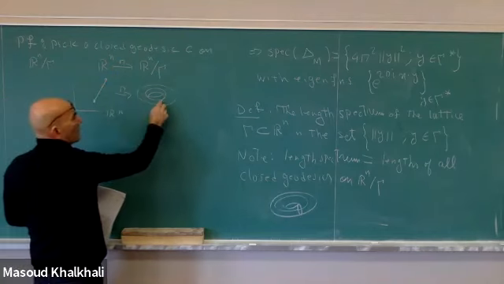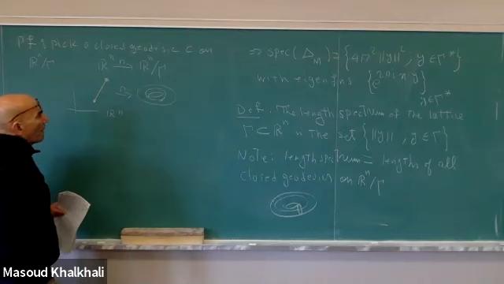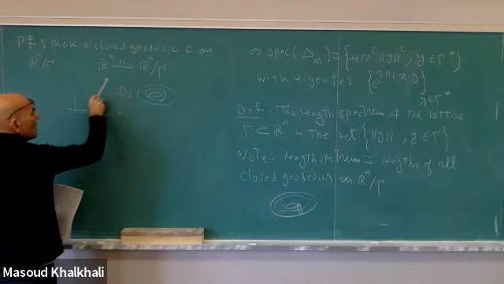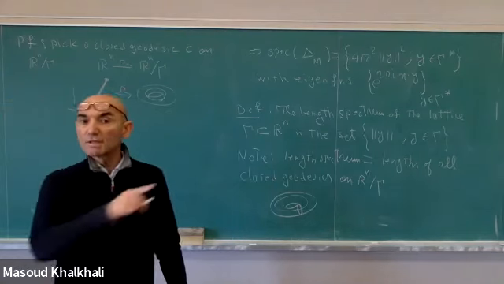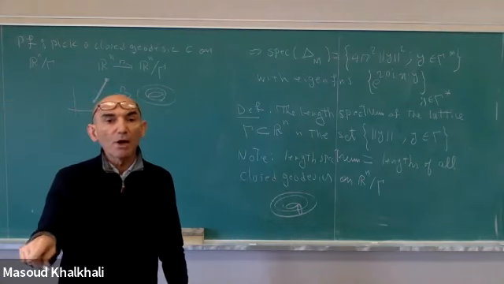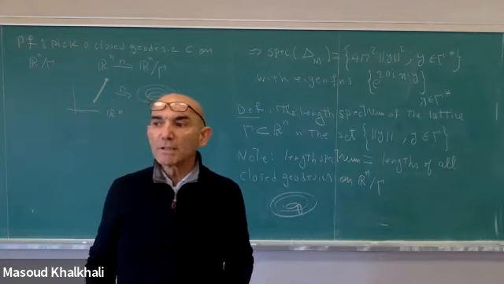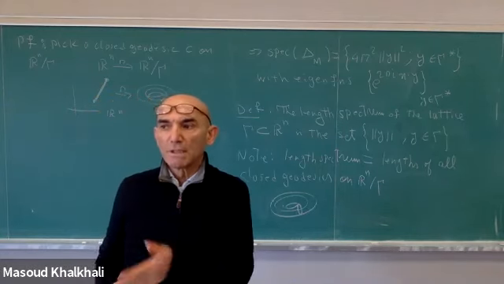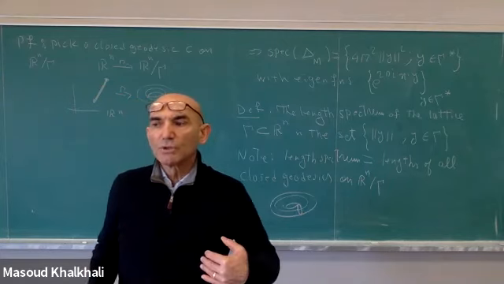You may not end up at the same point, but at another point. This lift is again a geodesic, because this map is a Riemannian covering map, and geodesics are sent to geodesics.